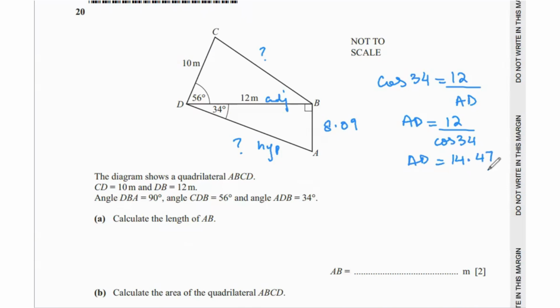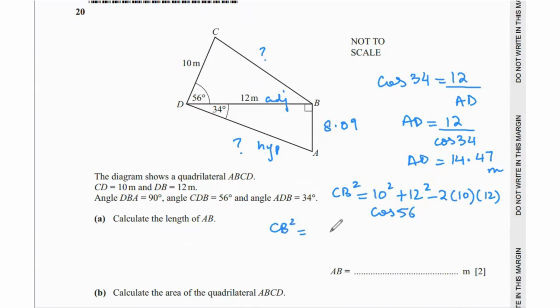14.47 meters. Now for the length of CB, whenever you have a non-right angle triangle and you have two lengths and the angle between them, we can easily use the cosine rule to find the third length. So the cosine rule in this case would be CB squared equals 10 squared plus 12 squared minus 2 times 10 times 12 times cos of 56.